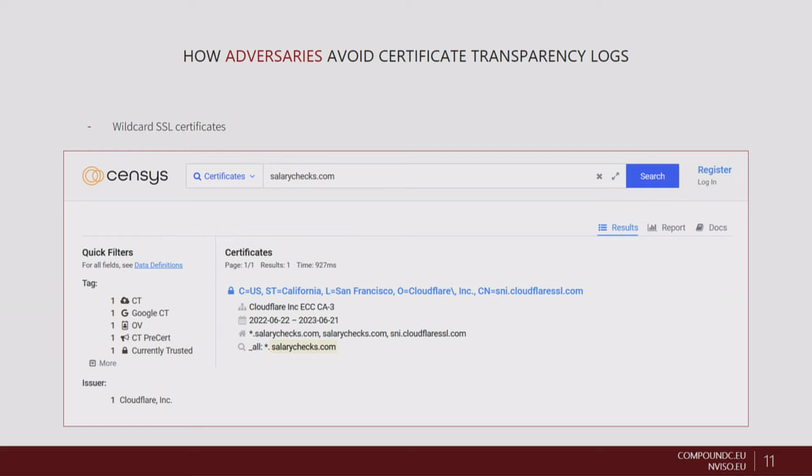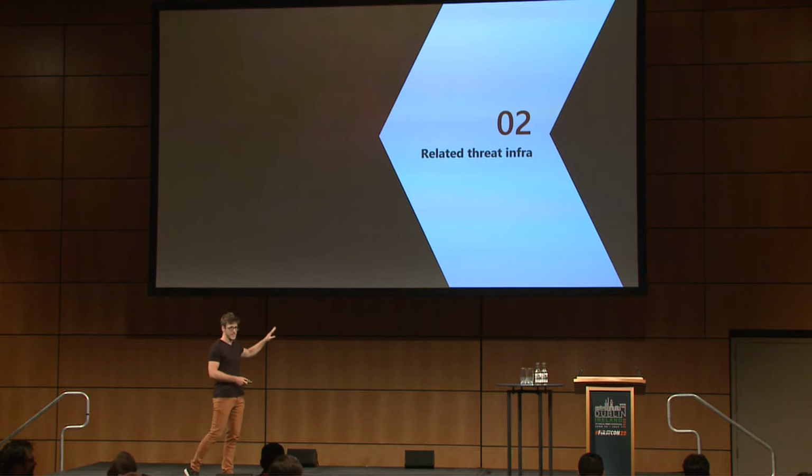So if you look for your company in the certificate transparency logs, you will not see it reflected in the subdomains, because the only thing reflected is the wildcard certificate. This way, I can use a domain that looks very legit while remaining under the radar.